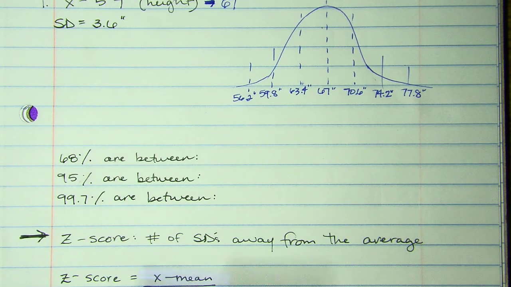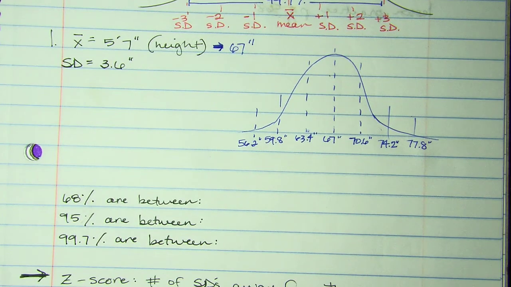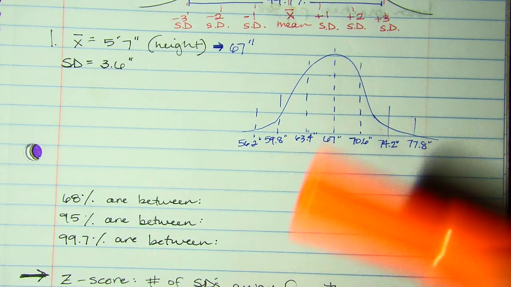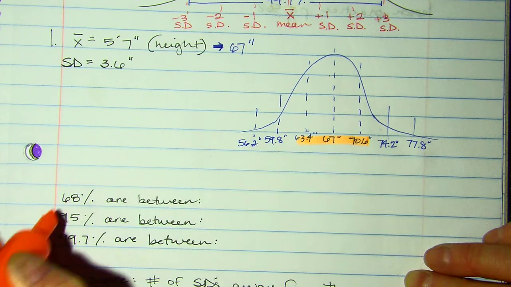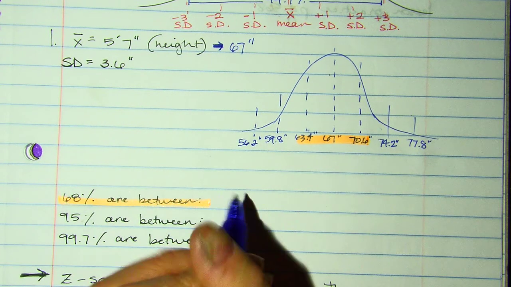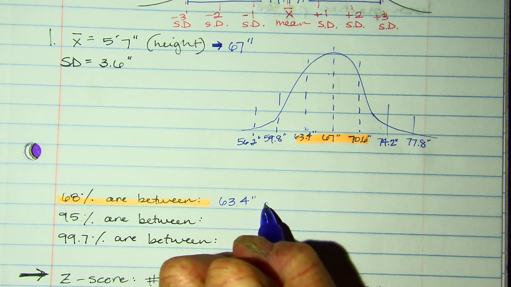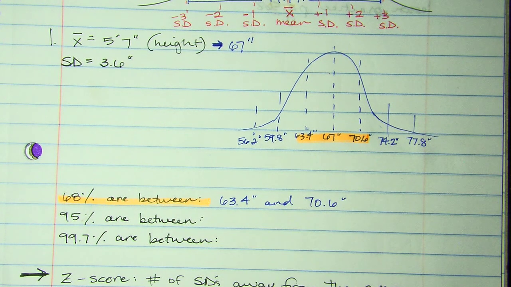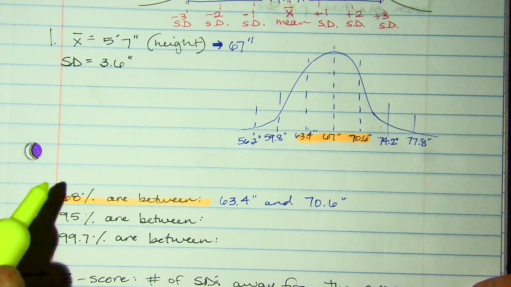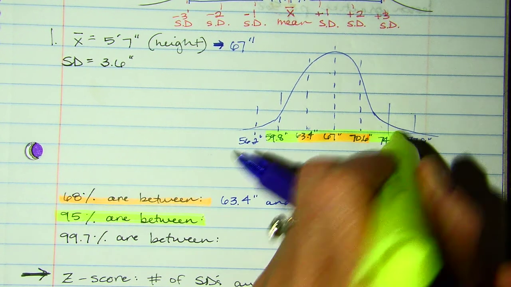So based on this data, 68% of people are between what height? So, I know that the first bracket to the left and the first bracket to the right represent the 68% of people. So I would say 68% of people are between 63.4 inches and 70.6 inches. Next one, 95% of people would be between this next bracket.